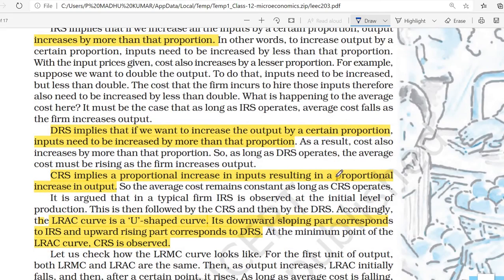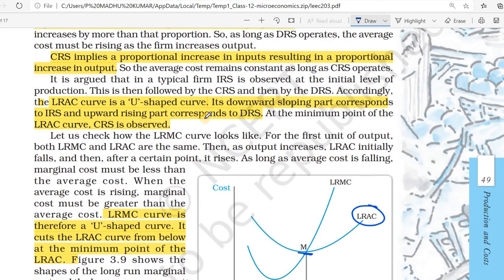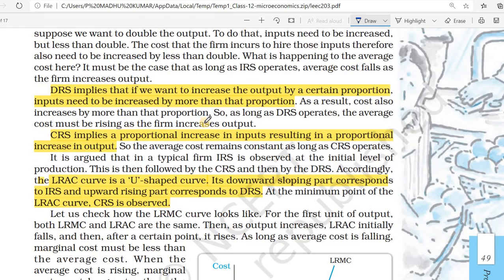Then, we have constant returns to scale in this area. Decreasing returns to scale means average cost must be rising.